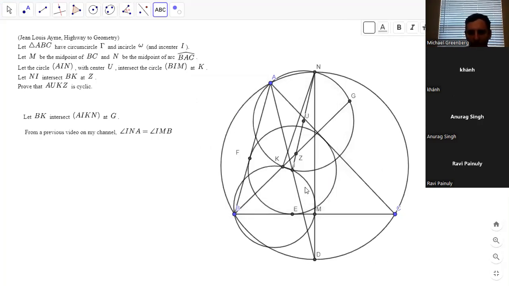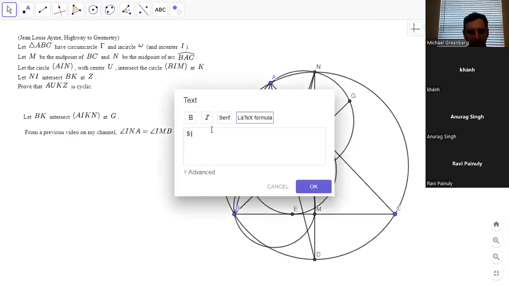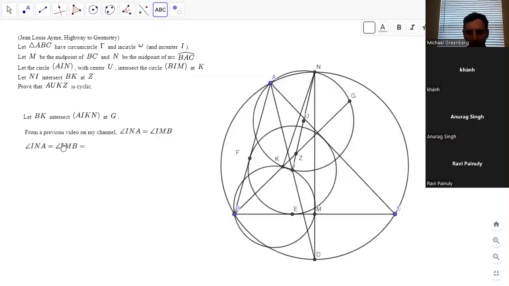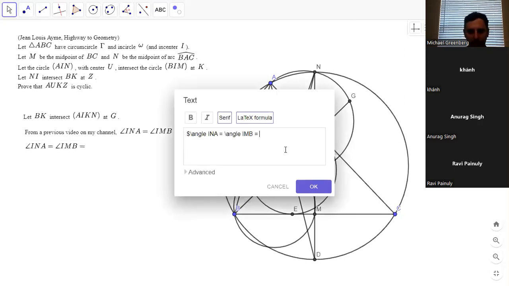And so we have angle INA equals angle IMB, which is equal to angle IKG, which is equal to angle ING.